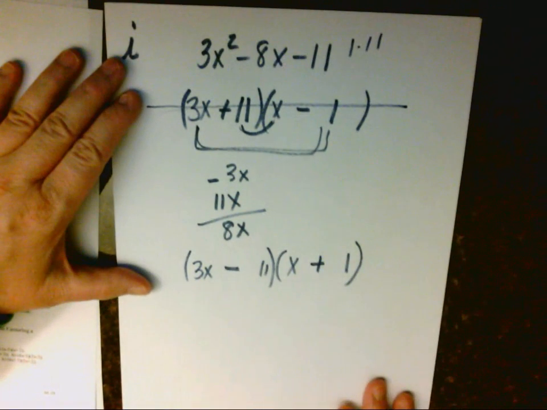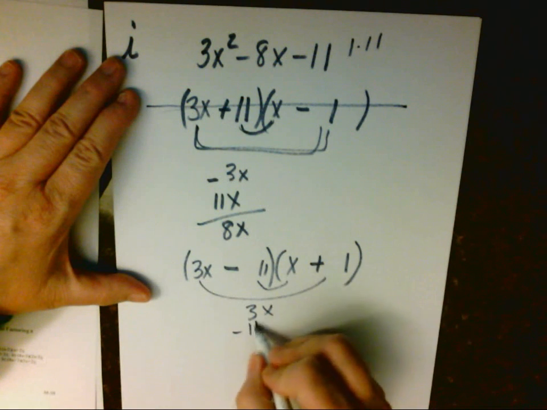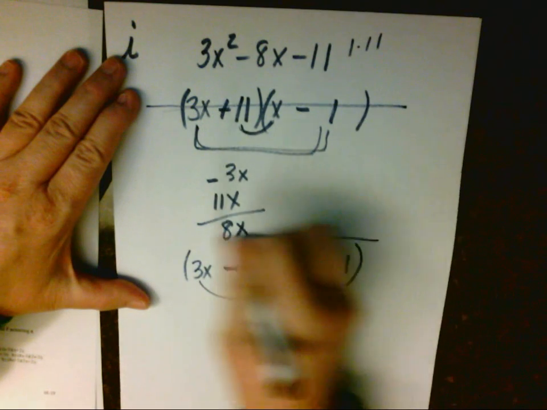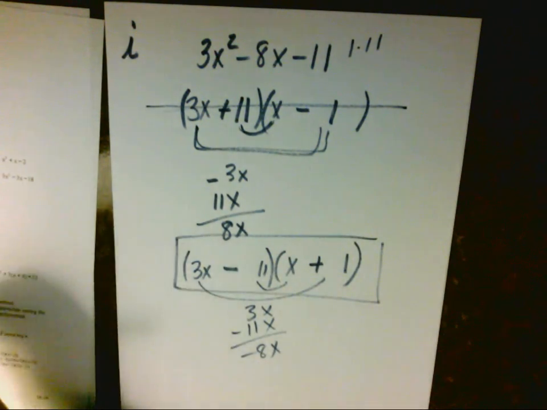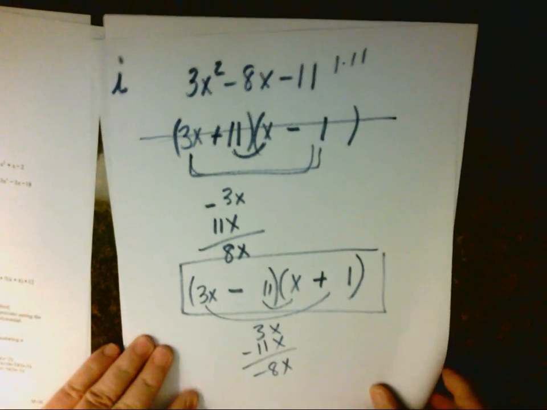Okay? And then we're going to check it. On the outside, I get a 3x. And on the inside, negative 11x, which gives me a negative 8x, which is what I needed. There we go. We got it factored. Today I have a lot of them that I have almost right, but I have to switch the sign.